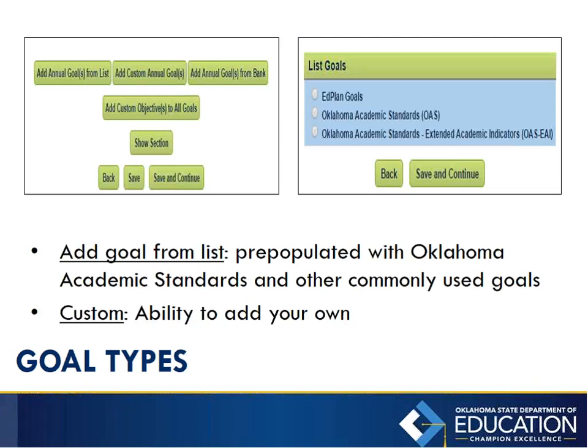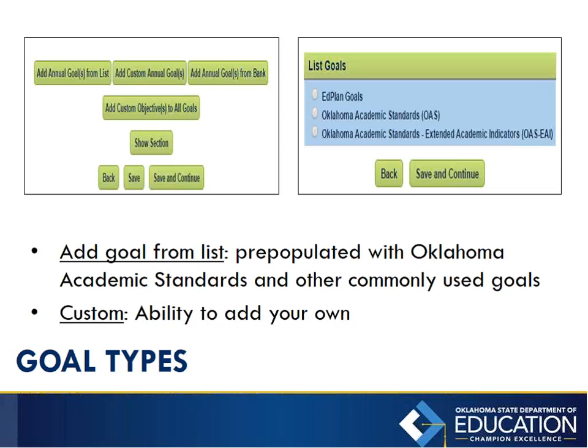We have 3 different goal lists. Of course, our Ed Plan goals, that's kind of our generic goals: behavior, speech, OT/PT, social, emotional. That's one of the goal banks. Then, of course, we have the Oklahoma Academic Standards. That's that goal bank.